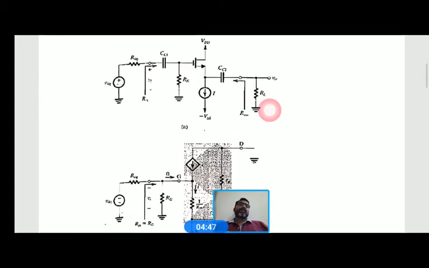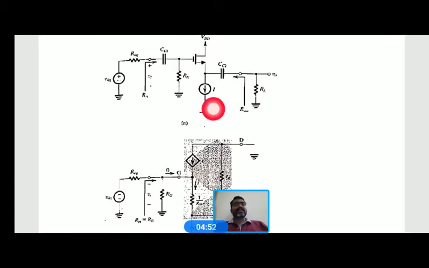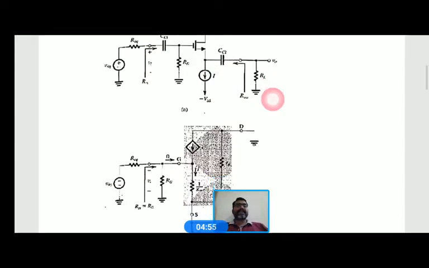The AC equivalent circuit for this circuit of figure A is taken in figure B.